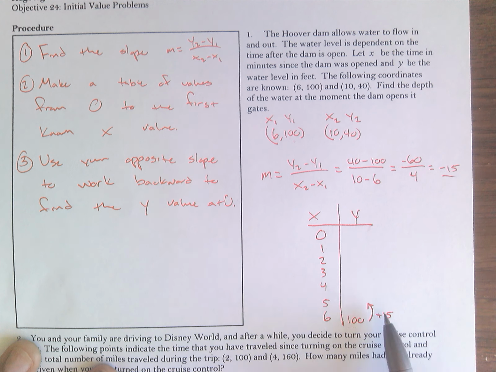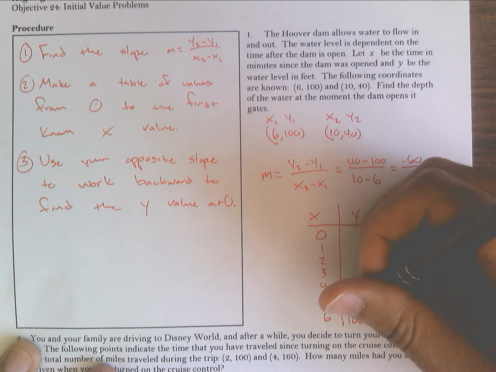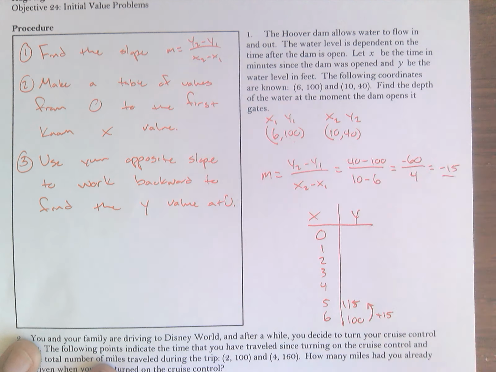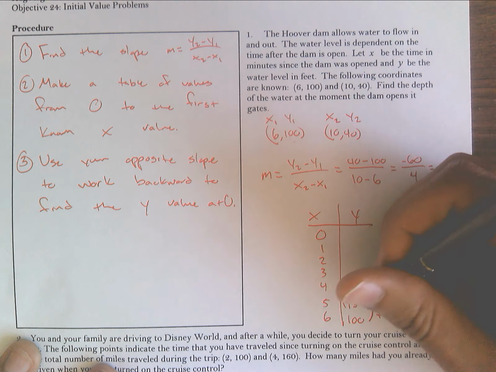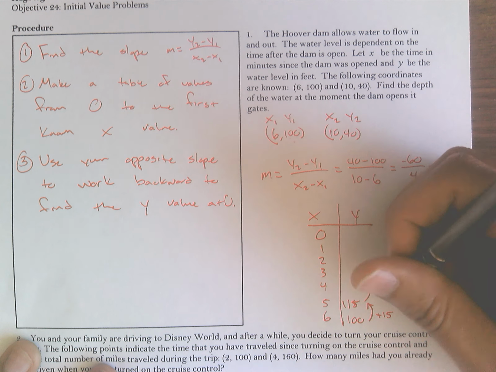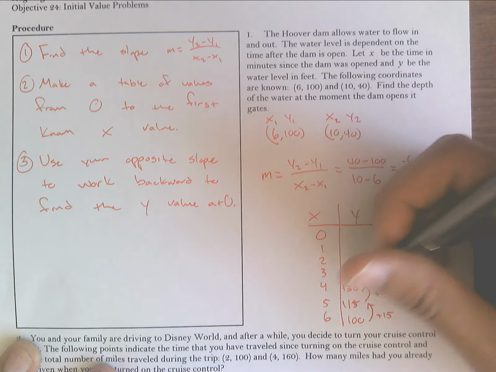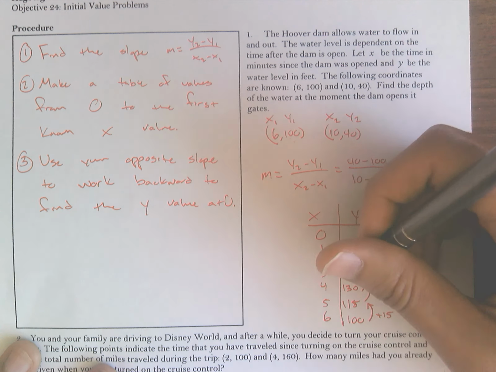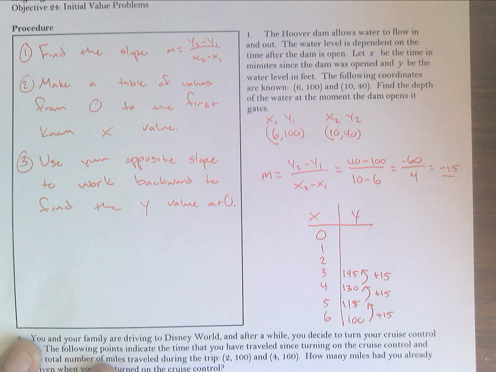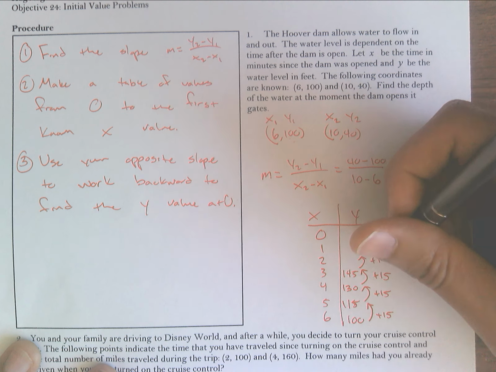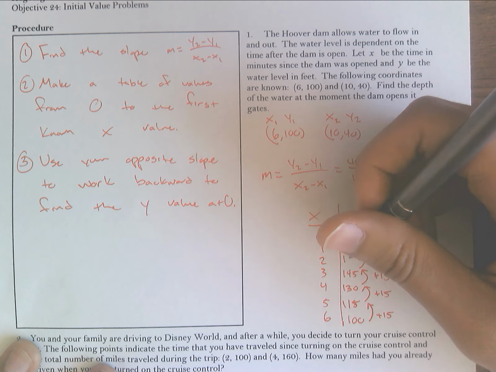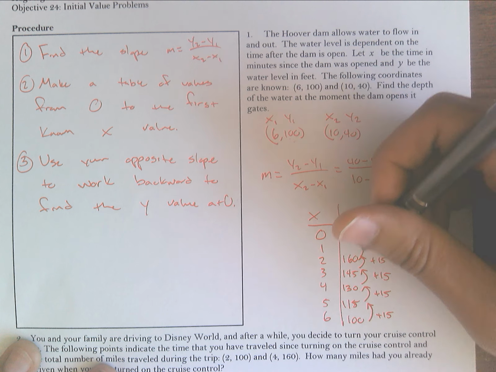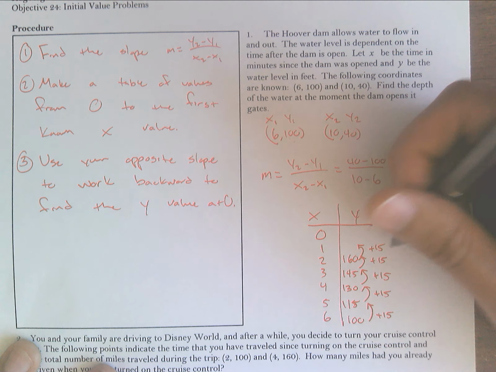From 100, to get back one step, we add 15, which gives us 115. To go another step, we add another 15, that gives us 130. To move another step back, we add 15, so 145, then 160, then another 15 gives 175.